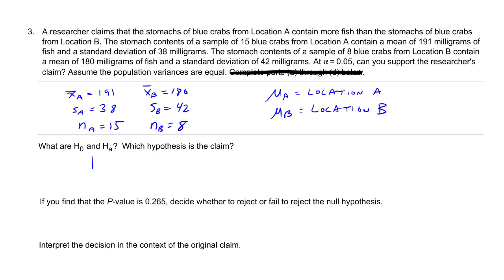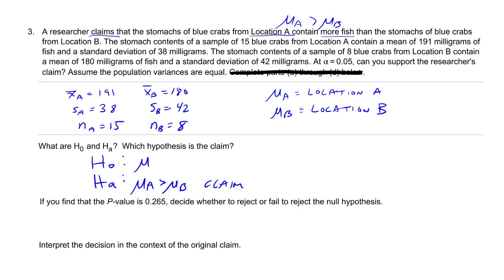Okay, so we want to set up our hypothesis test. Oh, let's go back. Researcher claims the stomachs of the location A ones contain more fish than the B ones. So mu A greater than mu B. All right, mu A greater than mu B has to go in the alternative because it doesn't have an equals, and that's the claim.